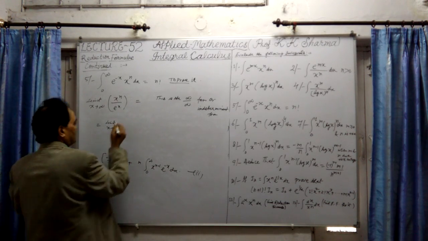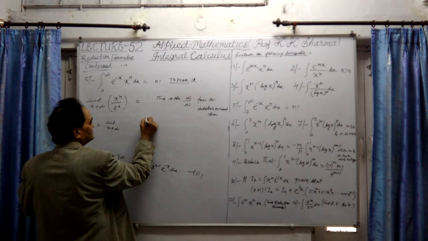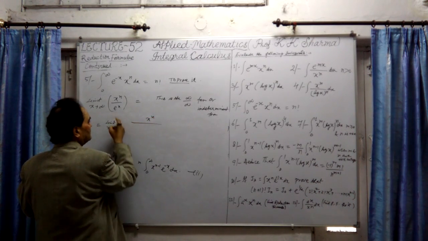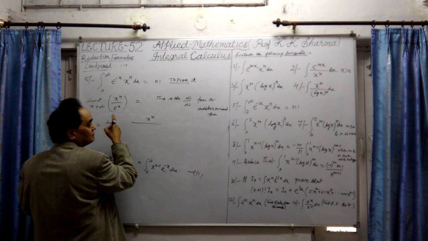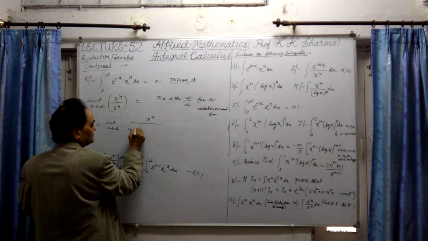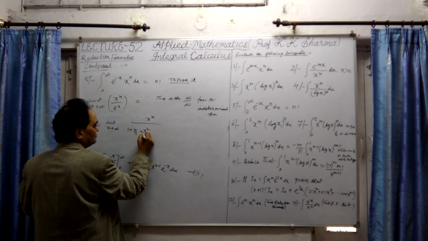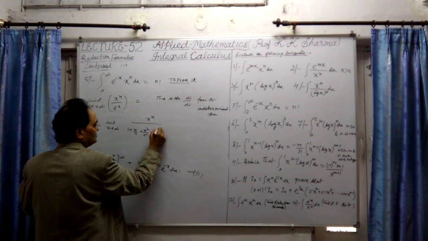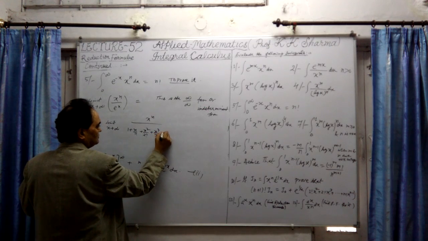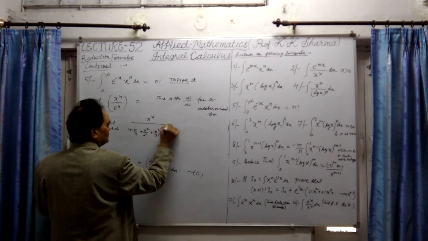Let me check it. This can be written as x raised to the power n. If I expand the exponential function e raised to x, it will be 1 plus x upon factorial 1 plus x squared upon factorial 2 plus x cubed upon factorial 3 plus and so on.